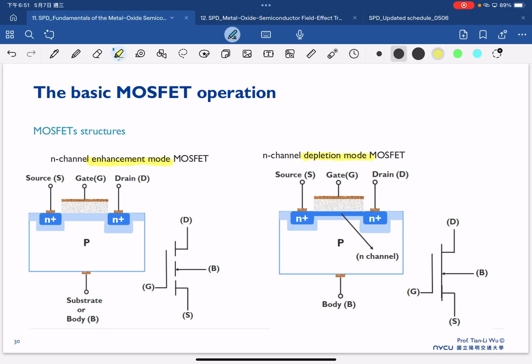The difference between the enhancement mode and the depletion mode is based on the threshold voltage. In the case of the enhancement mode, the threshold voltage is larger than 0. But in the case of the depletion mode, the threshold voltage is smaller than 0.